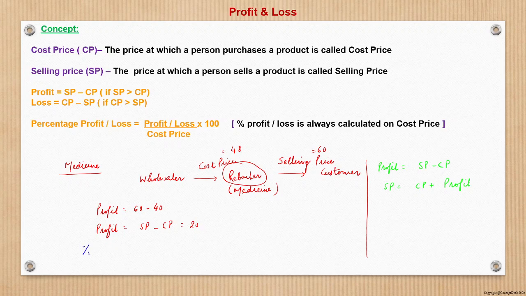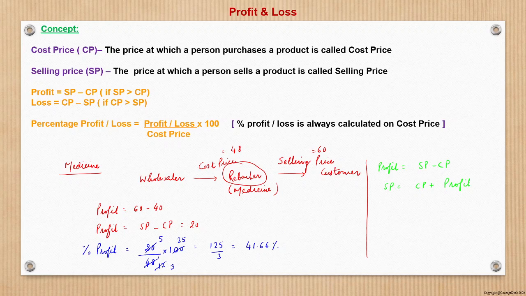However, when the question is what is the percentage profit, percentage profit is nothing but the profit over the cost. The retailer bought the item at 48 and over 48 he is making a profit of 20 rupees. So profit percentage will be 20 upon 48 into, since it is percentage, we multiply that with 100. So this becomes 125 by 3 percent, which is 41.66% profit the retailer is making.